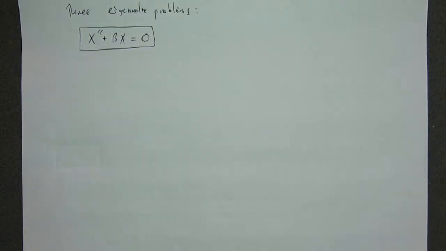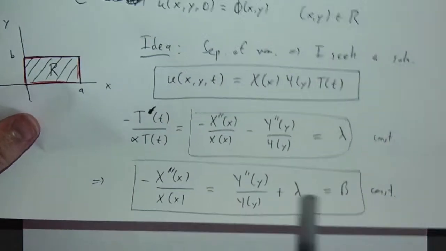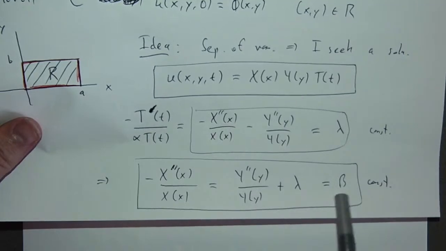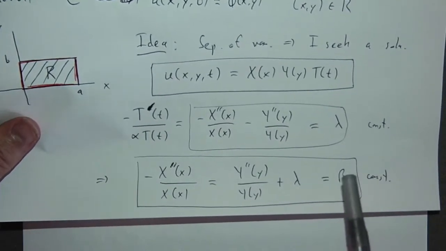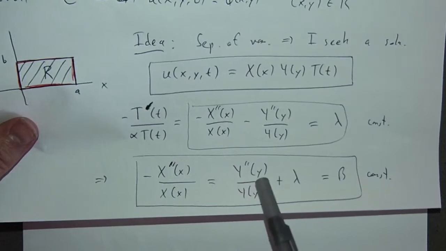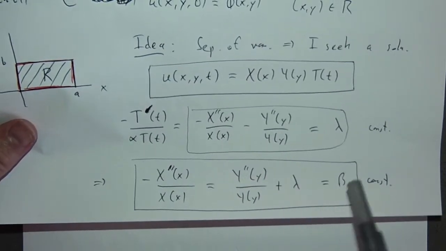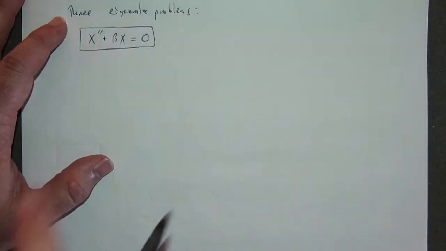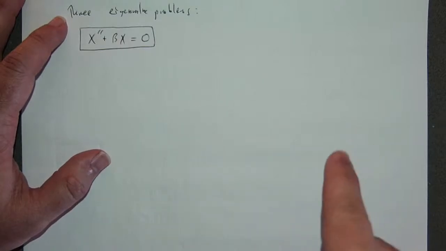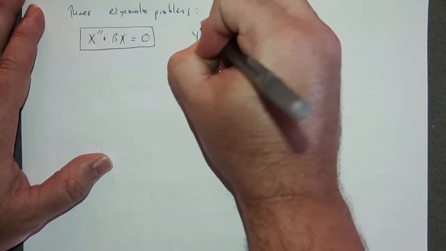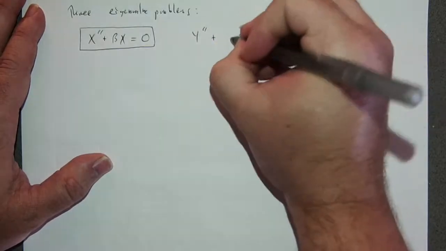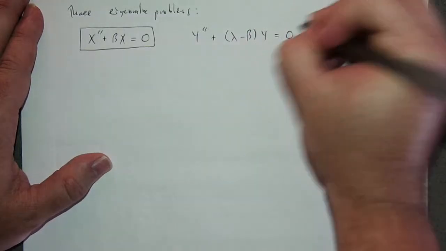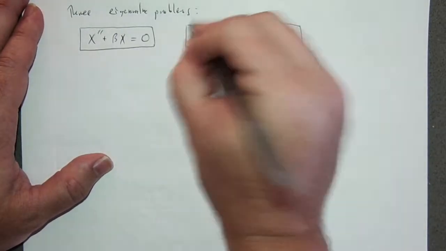The second one, I subtract lambda from both sides to get Y double prime over Y is equal to beta minus lambda. Multiply by Y, and I get beta minus lambda times Y is equal to Y double prime. So Y double prime is equal to lambda minus beta times Y, right? Yeah, that's right. Or Y double prime plus lambda minus beta times Y is equal to 0. That's my second eigenvalue problem.